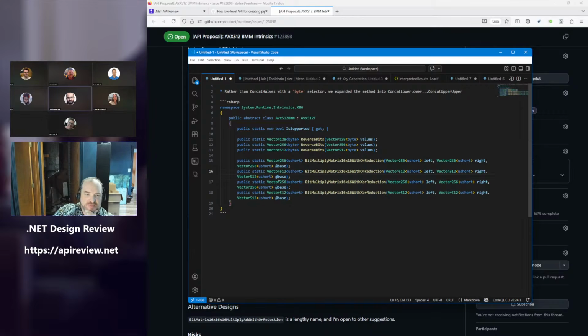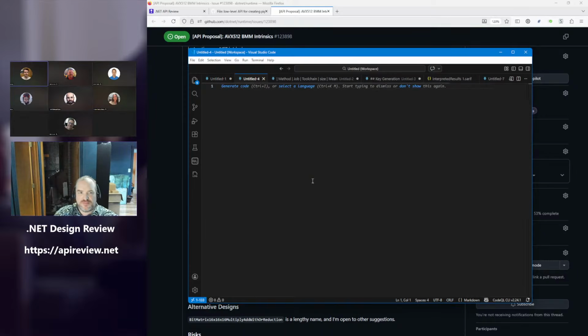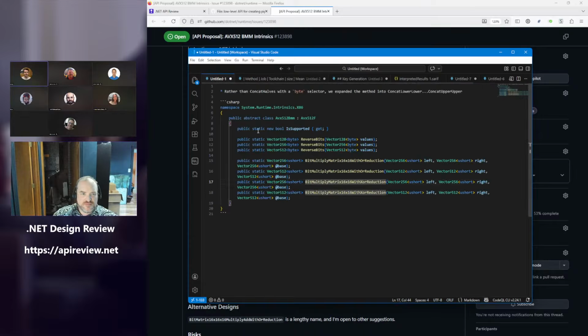So any of them are good, but this is gluing together the multiply thing, and also you can add stuff to it. Feels like the add stuff should be named separately. Yeah. I feel like addend is the most sensible given how matrix multiplication works. And given that the OR reduction and XOR reduction is talking about how the hardware is optimizing what is functionally an add and a saturating add.